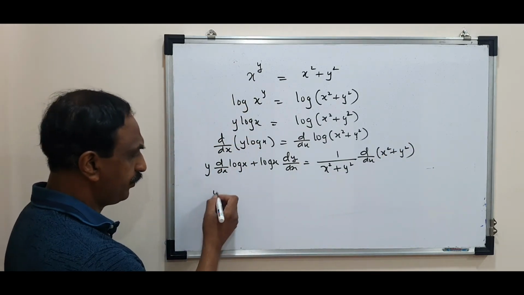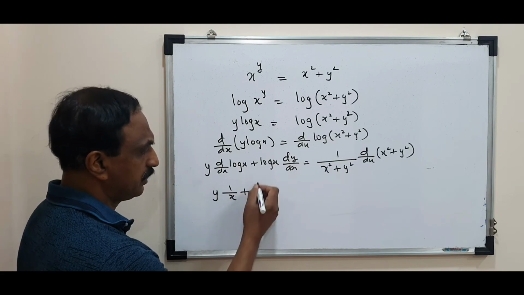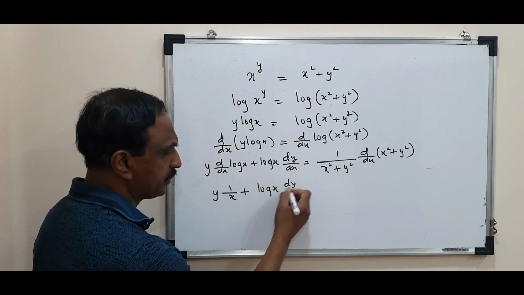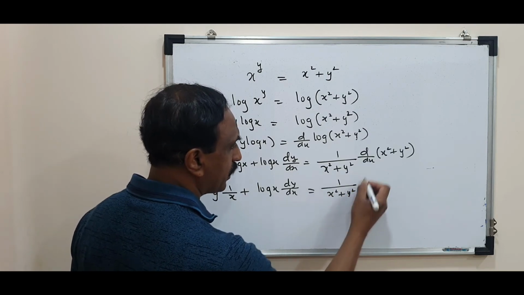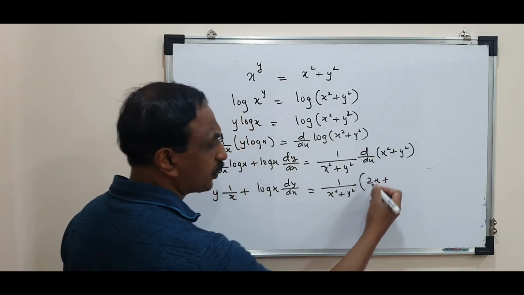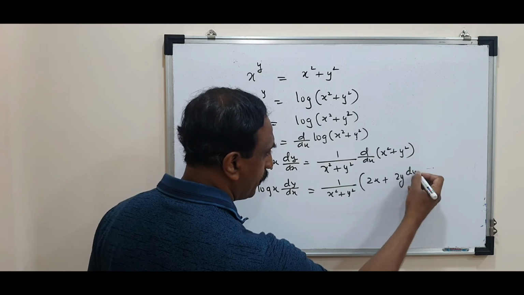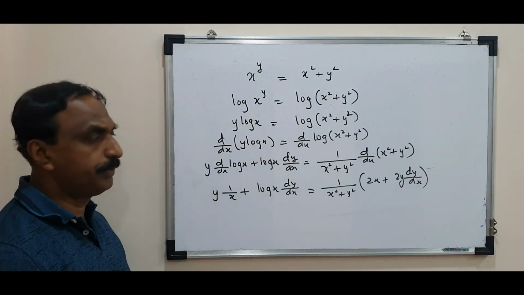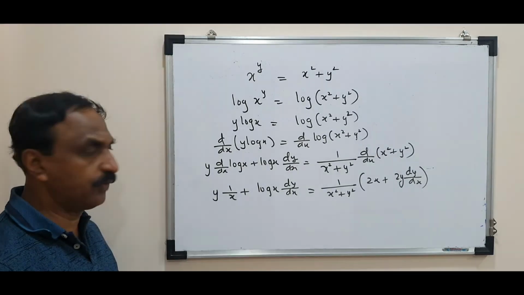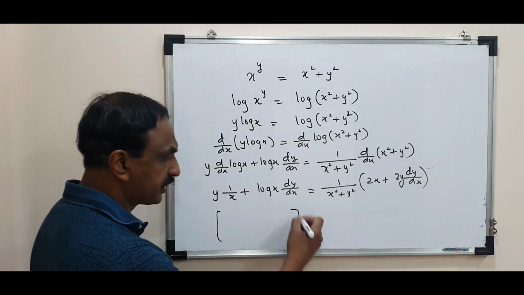Log u is 1 by u into derivative of u. So your answer will become y into 1 by x plus log x into dy by dx is equal to 1 upon x square plus y square into 2x, derivative of x square 2x, plus 2y dy by dx. Now, we need to bring all dy by dx terms together at one side. So dy by dx is together.